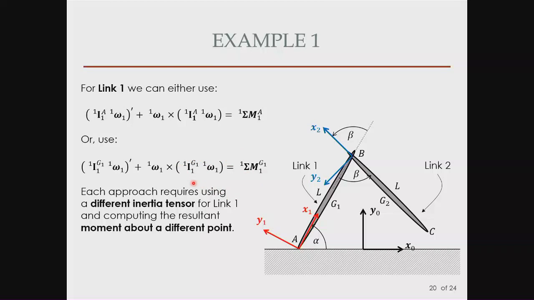But frame 1 is conveniently attached to this rigid body. Okay, conveniently attached. So it will be easy for me to calculate the inertia tensor of this rigid body in a body fixed frame, where the axes of this frame are parallel or normal to the link.